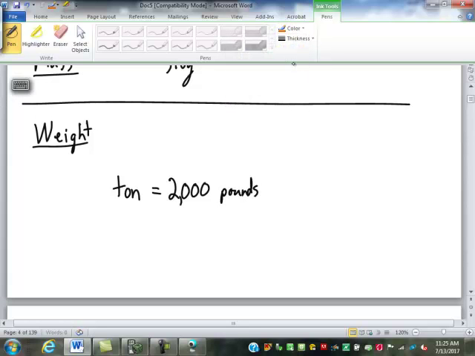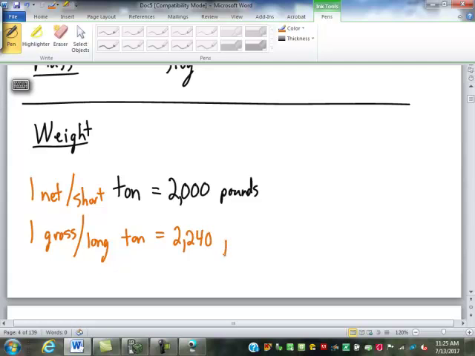That is actually what is called 1 net or short ton, which implies that there's something called a gross or long ton. For this class, by the way, whenever you see the word ton, it implies 2,000 pounds. A gross ton or a long ton was 2,240 pounds.